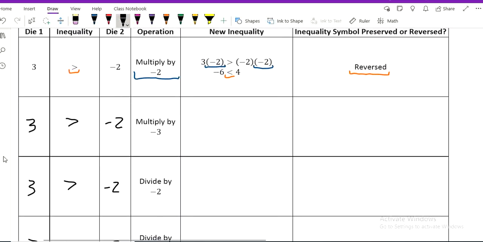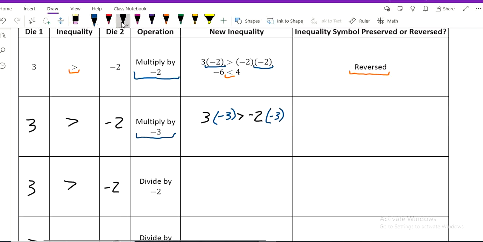I stuck with the same numbers, 3 and -2, so our inequality sign is going to face the same direction. We will set up the new inequality. So let's see, 3, we have -2. Here they're telling us to multiply by -3. So I'll put parentheses -3, just another way to show multiplication: put a number in parentheses right next to something with no symbol.